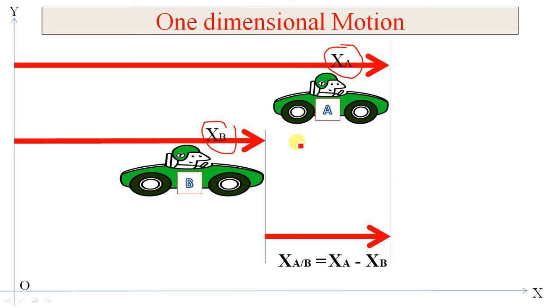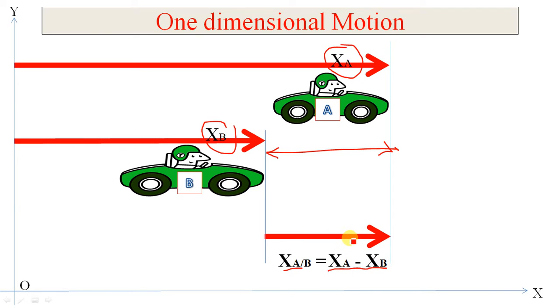Now when I say the position of A with respect to B, this is the position of A with respect to B. Here B is having some motion and A is also having some motion, so the position of A with respect to B is given as xA minus xB.